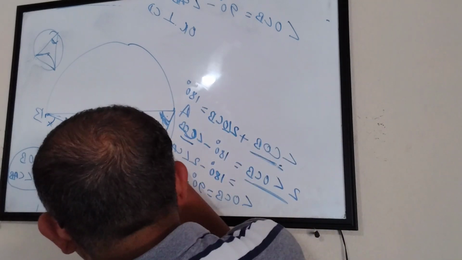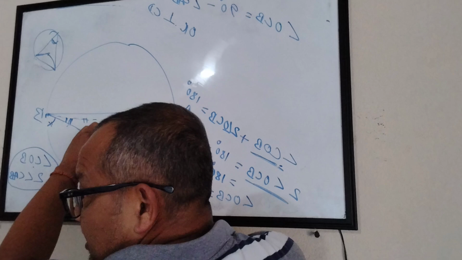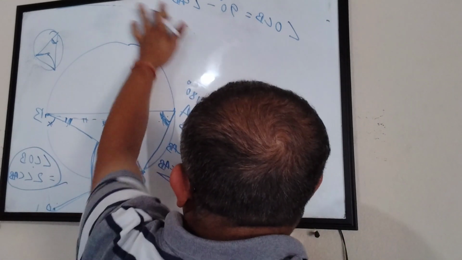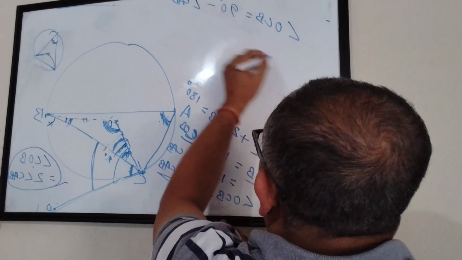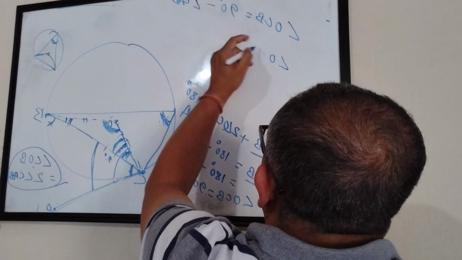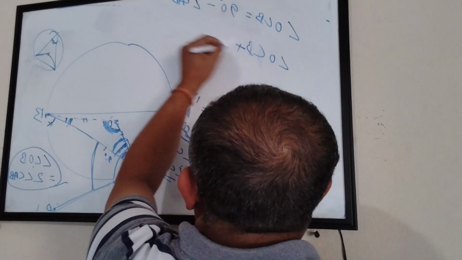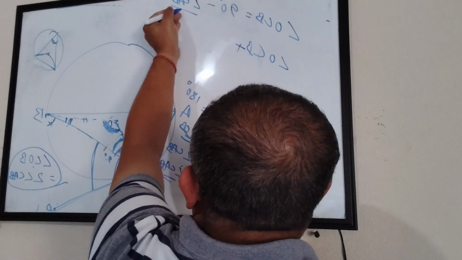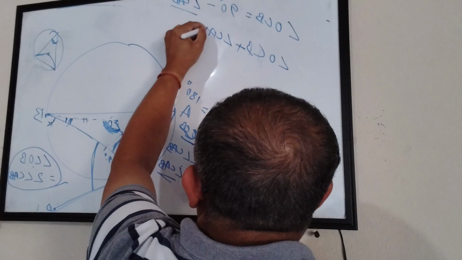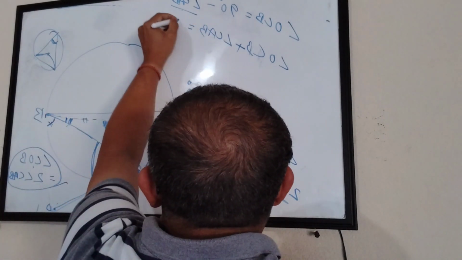Now this whole angle is made of what? This angle plus this angle, correct? Let's look at it this way. So angle OCB plus this angle, from here it comes this side, so it becomes plus, angle CAB equals 90 degrees.